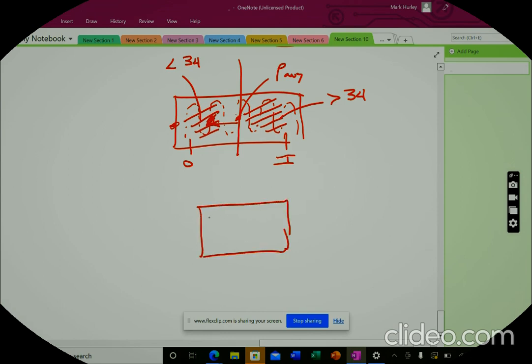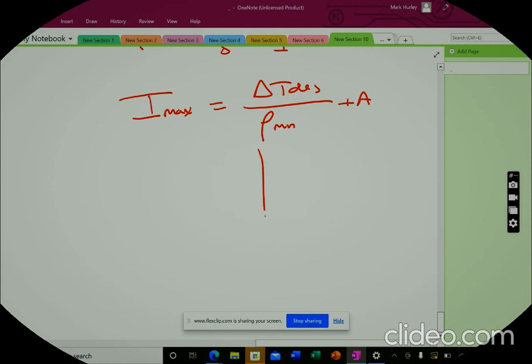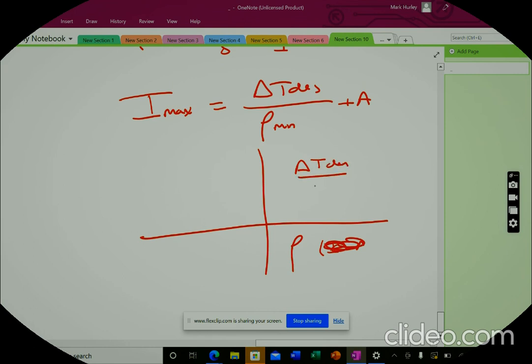What if we take this as the outlet and this as the inlet, take this section, and find a proportion minimum? Redesigning this, we could say the I maximum is equal to delta T design over P minimum plus A. Using this formula, if we set the P proportion as the variable, T design over P equals I minus A. This is our inlet temperature.